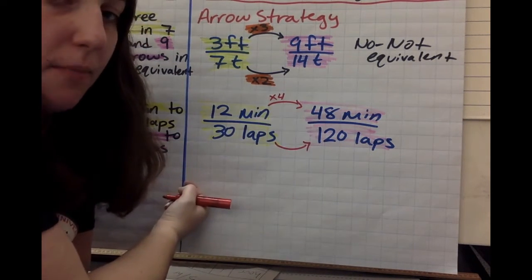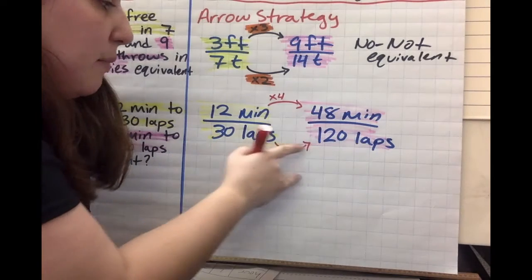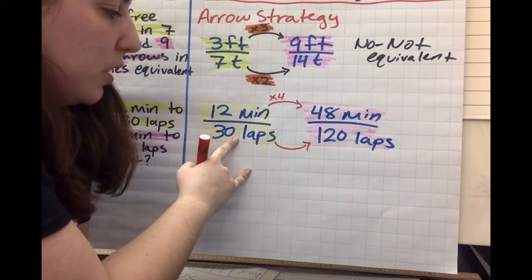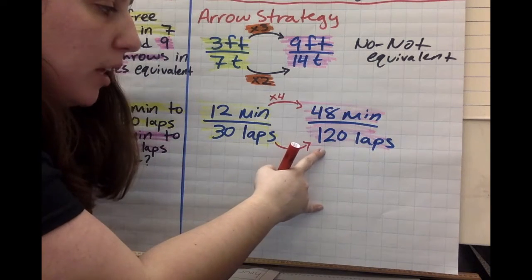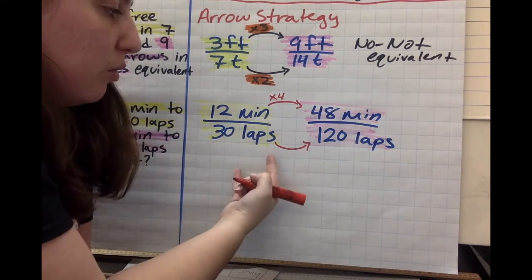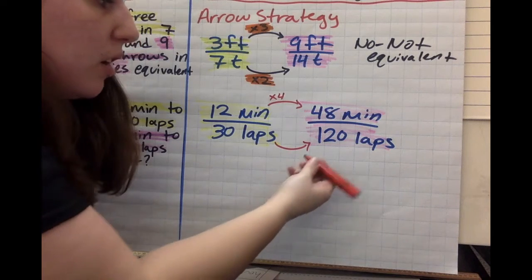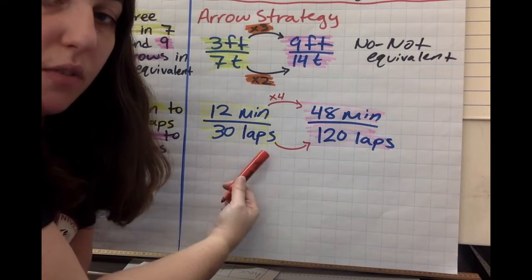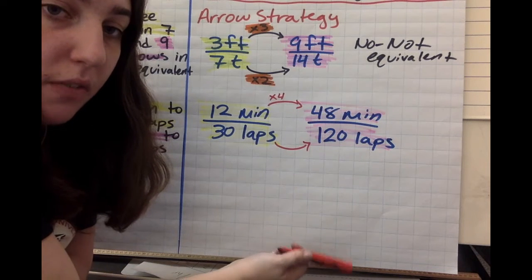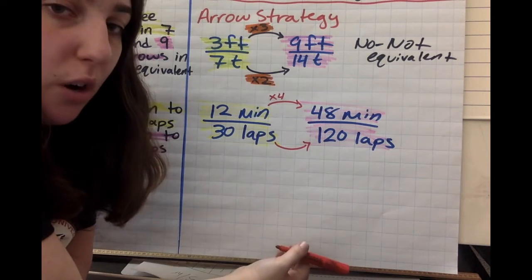If I did 12 times 4, I would get 48. And again, when I'm trying to figure out what do I multiply 30 by so that I get 120, if you're unsure, you can go the reverse direction, do 120 divided by 30. You'll get 4.